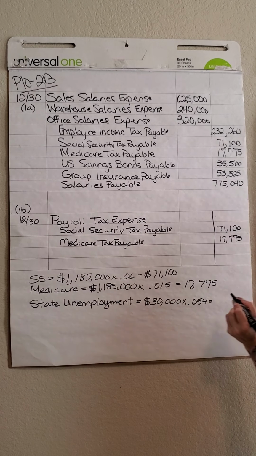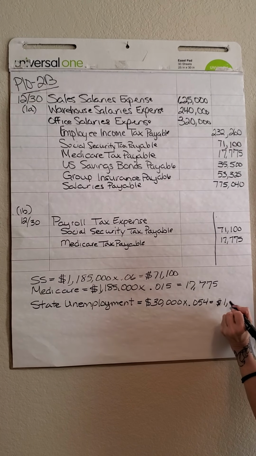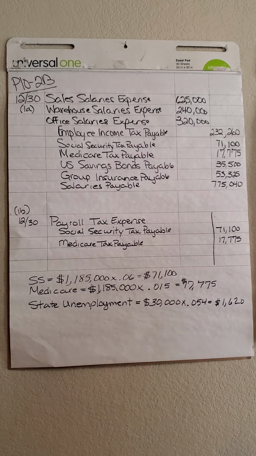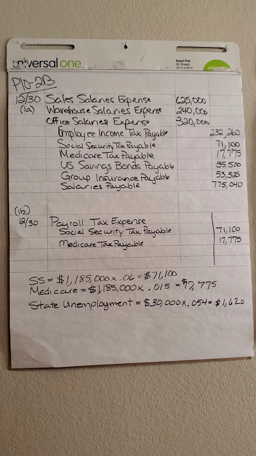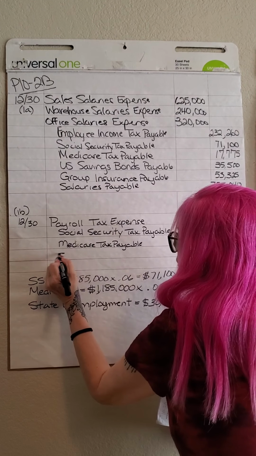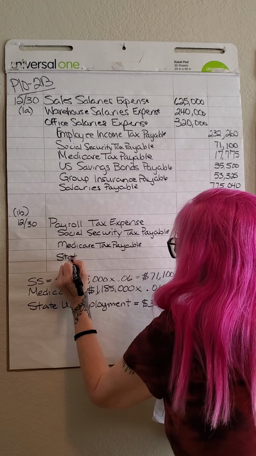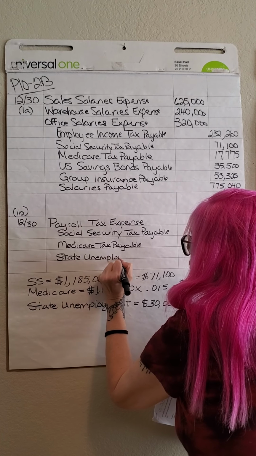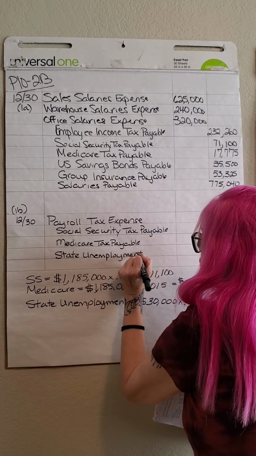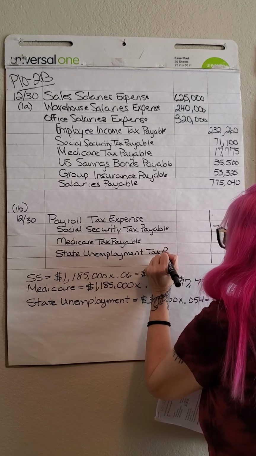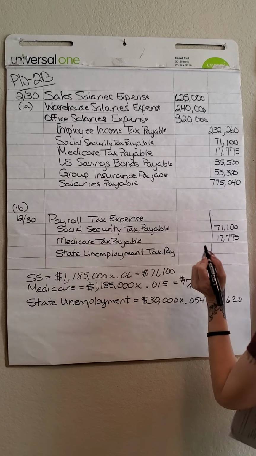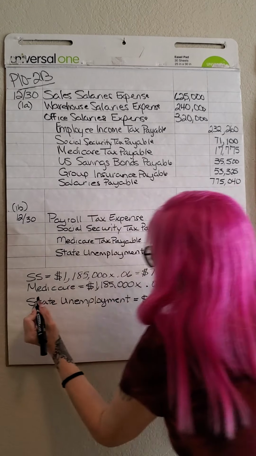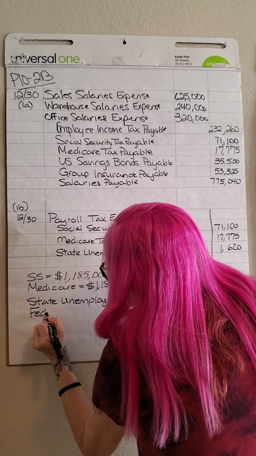That's going to equal $1,620. So that's going to be to state unemployment tax payable. And that is 1,620.